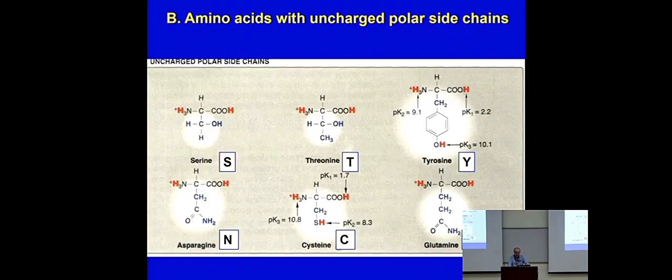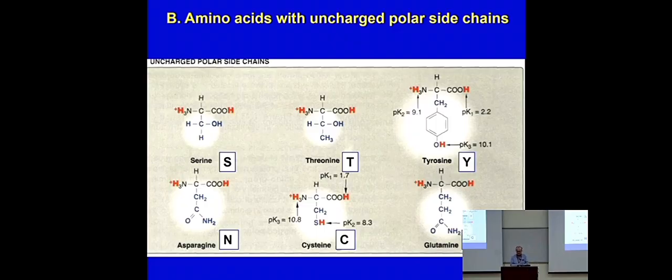And the most common interaction with an aqueous environment involves forming hydrogen bonds with water. So that's one important feature of polar.